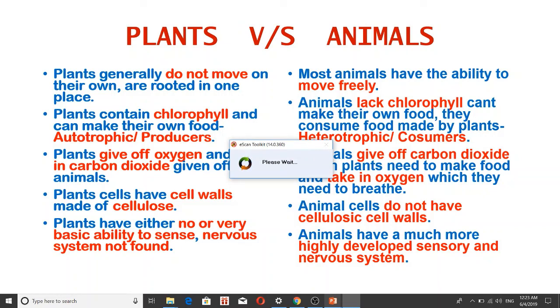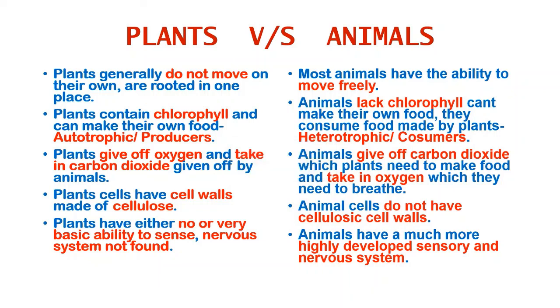Though there are sensory organs in plants also, the ability of sensation is very limited, and especially the nervous system is absent in plants. The animals have a much more developed sensory system. They have different types of sense organs for balance, for sensing light, for sound, for feeling pain and everything, because animals have a developed nervous system.